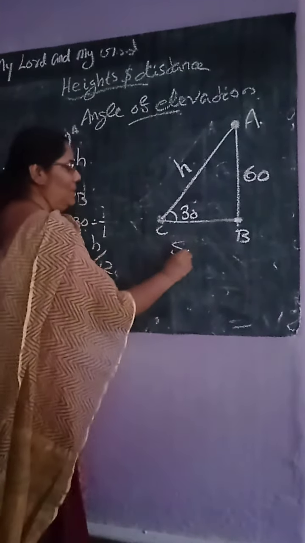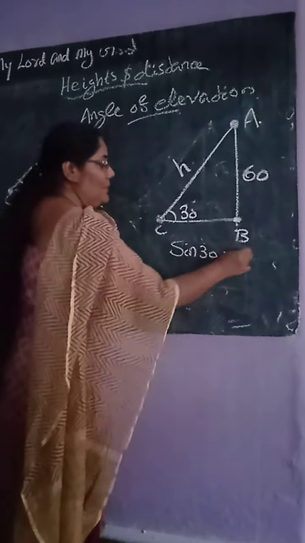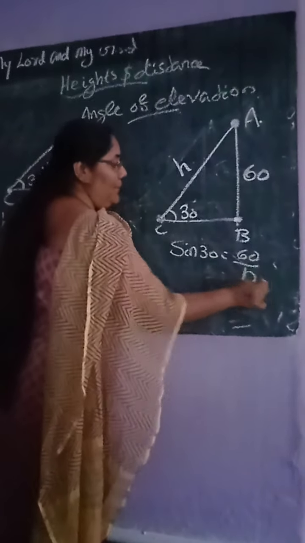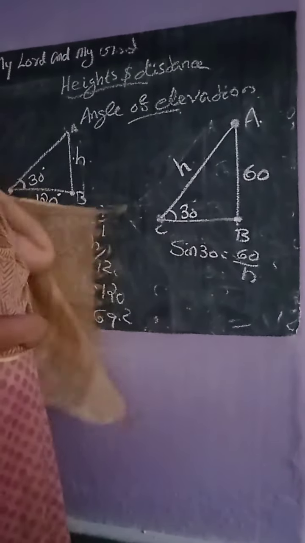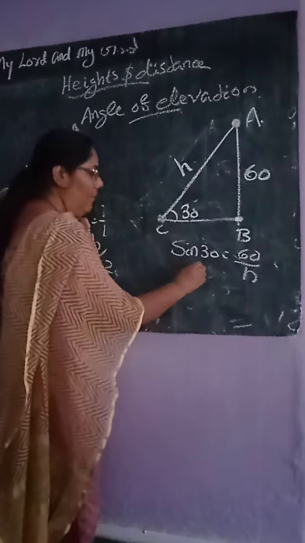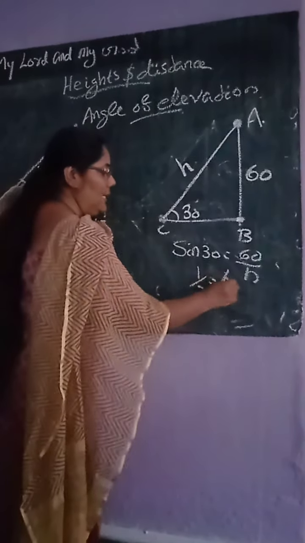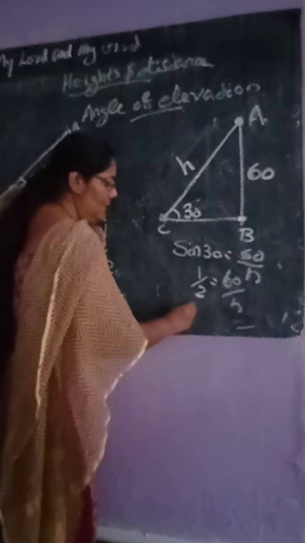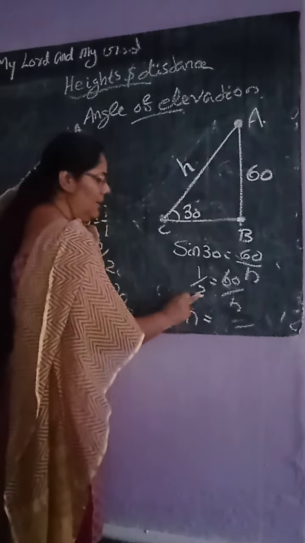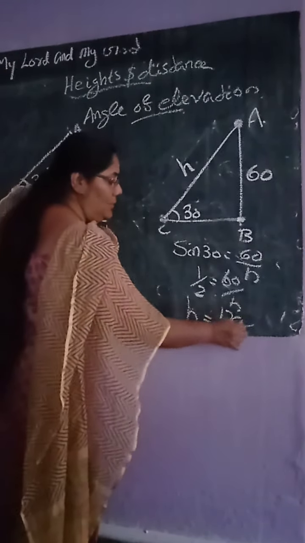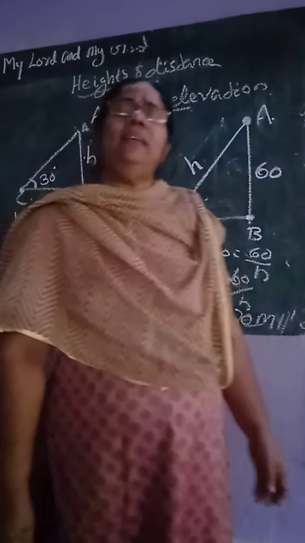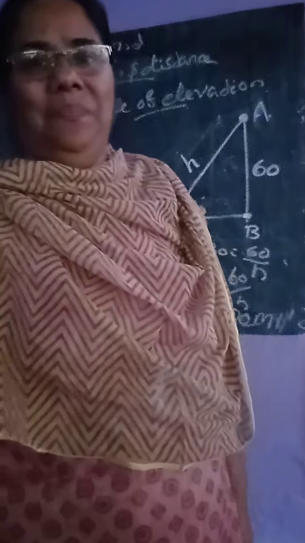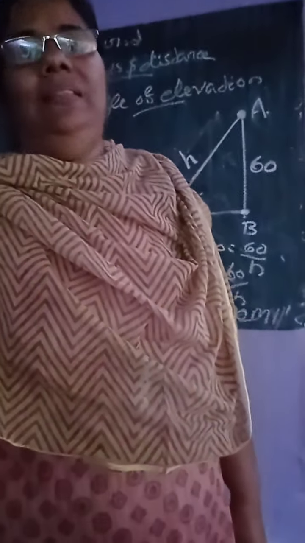Sine 30 is equal to opposite, 60, by hypotenuse h. Can you say what is sine 30? Sine 30 is 1 by 2, equal to 60 by h. Remember, what is the length of the string? 2 into 60, 120 meter. If the measurement is given in meter, right? 120 meter. Okay. Study these portions.